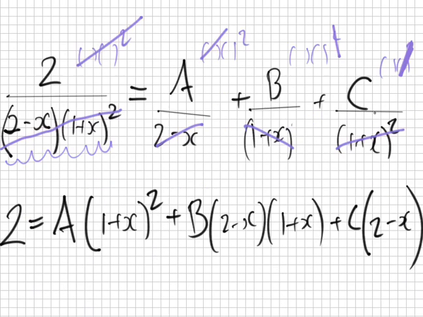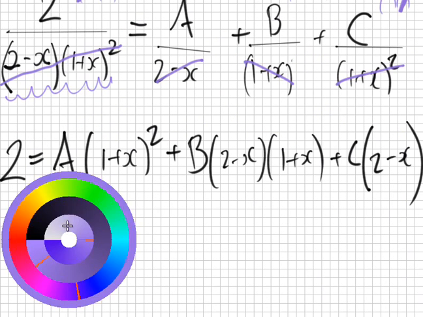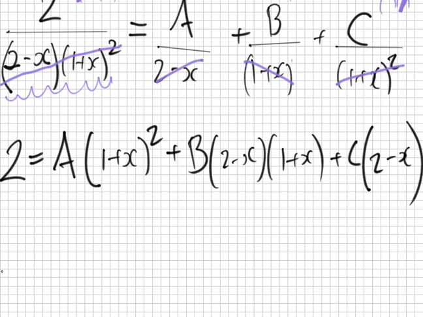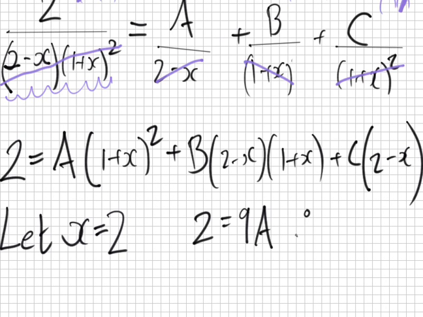Now, what we do next is we choose some value for x. So let x equal, what do we think would be good? 2 would be good, because that would go 2 plus 1, 3 squared, 9. So you get 2 equals 9a, so therefore a equals 2 over 9 is the first one.